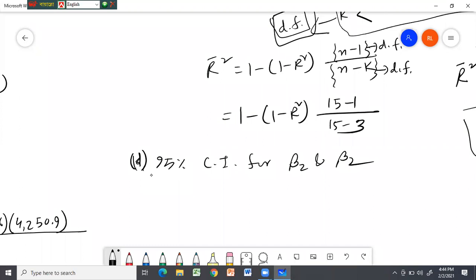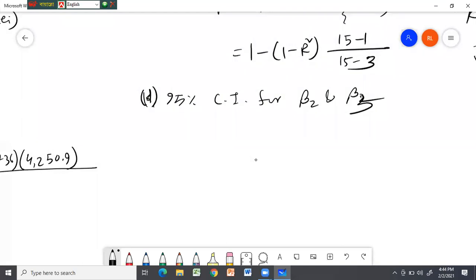That means you are actually estimating beta 2 and beta 3 with the proxy of B2 and B3. So for them, when you are constructing the 95% confidence interval, probability of lower value with the t-test value and upper limit value with the 95% confidence limit.